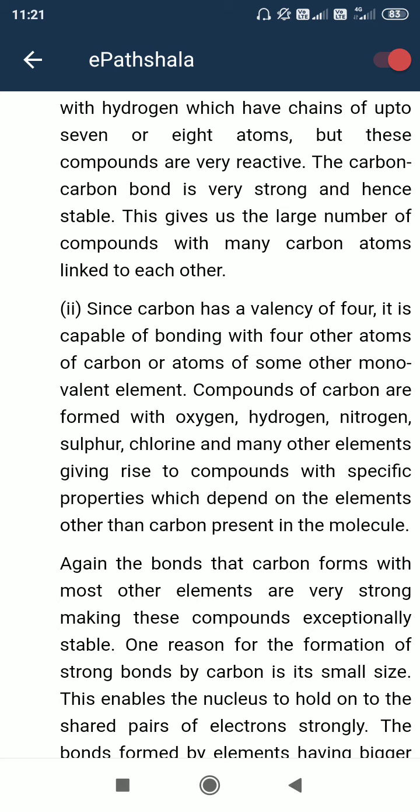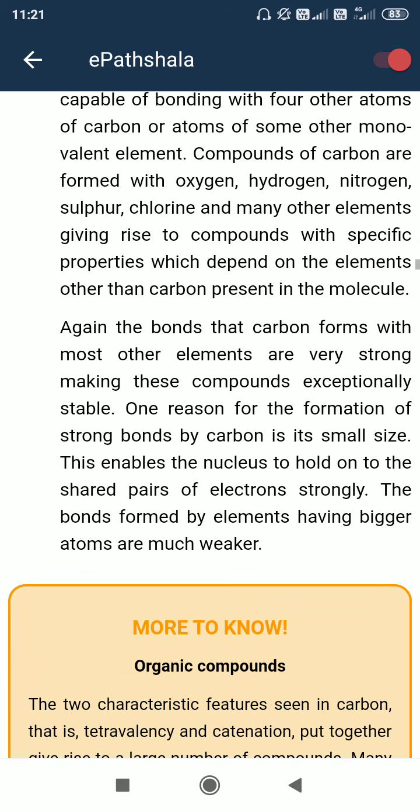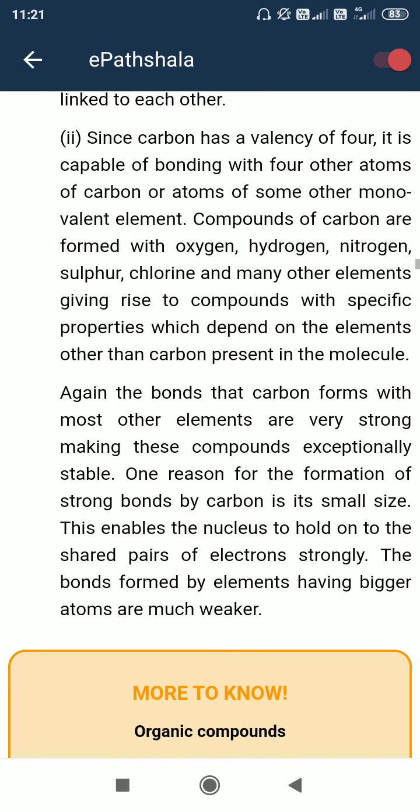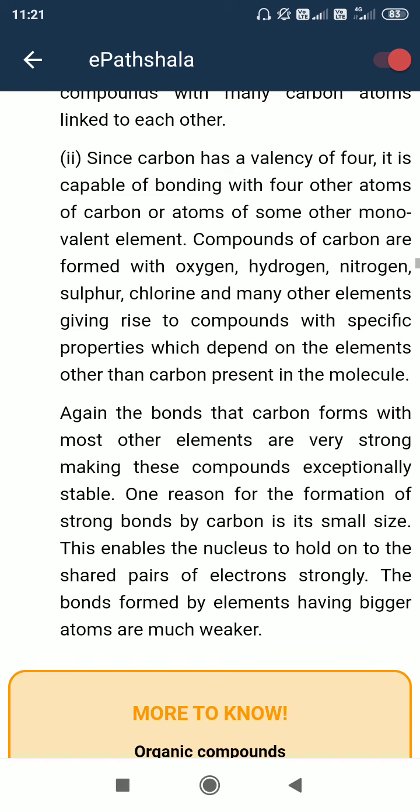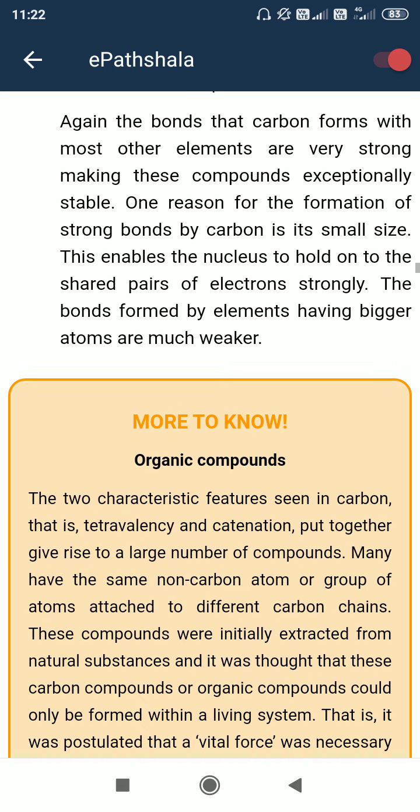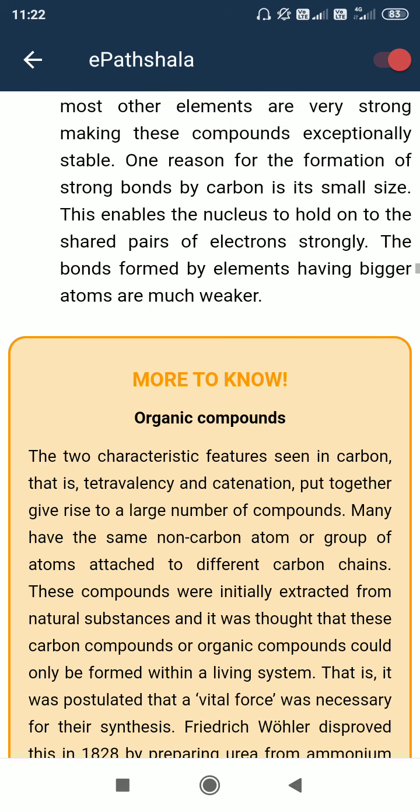So what is good for carbon? Usually it does not release the electron, that's why it is not a conductor at a proper level, but it is a semiconductor, means it can conduct to some extent.